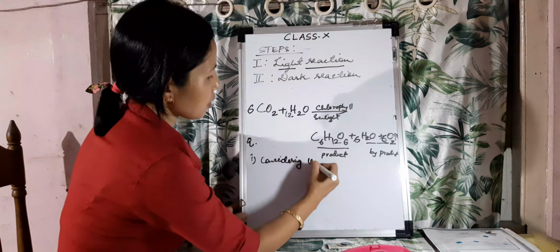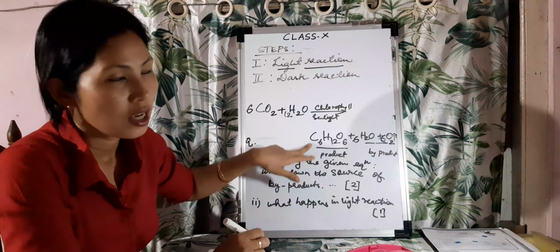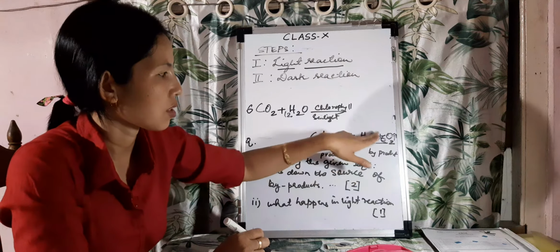Now to answer this question, first of all you should know what are called products and what are called byproducts. As I have written down the equation here, the reactants are carbon dioxide and water, the product is glucose, and the byproducts are water and oxygen.